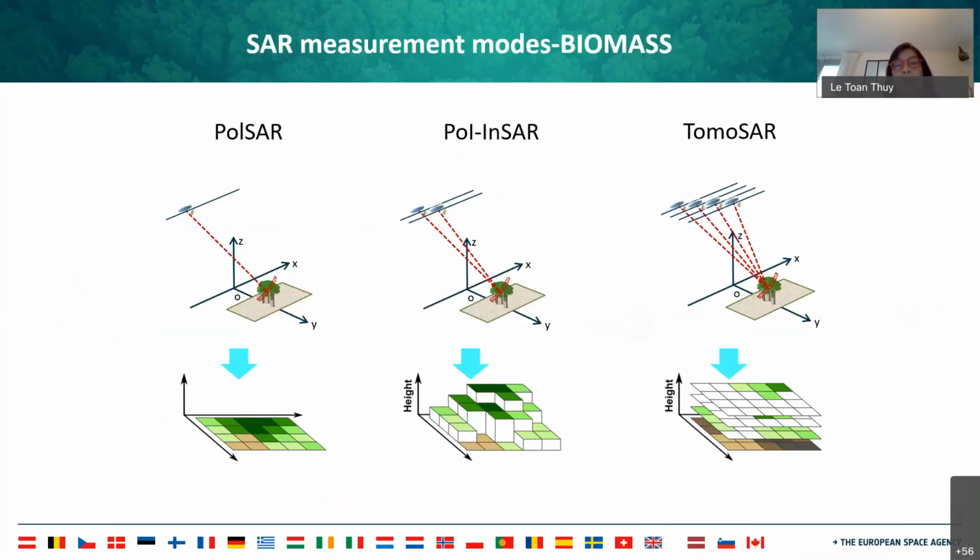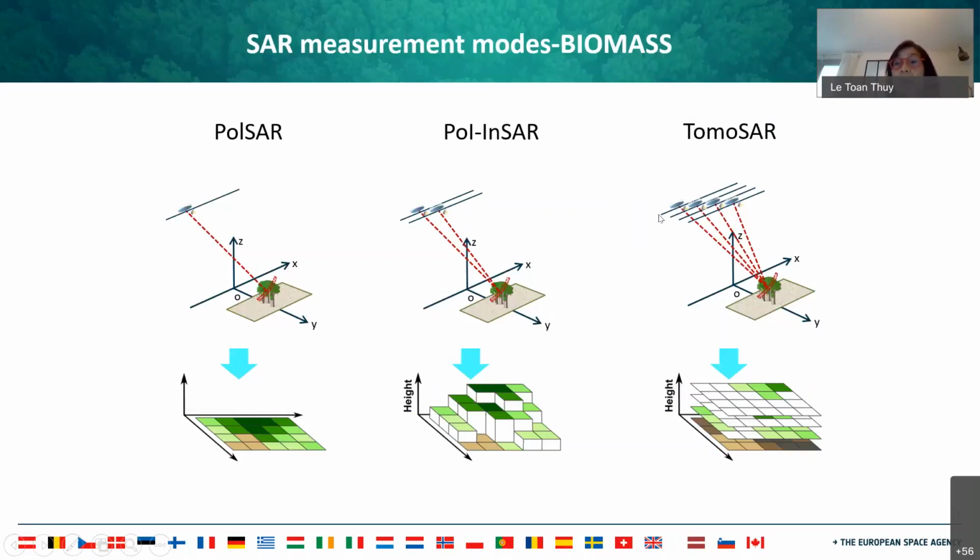And then we have kinds of measurement, like here the SAR measurement modes. Here is biomass, that Clément has talked about. Here is the polarimetric SAR, one single image with polarimetry. Here, two images acquired with two orbits or a baseline.